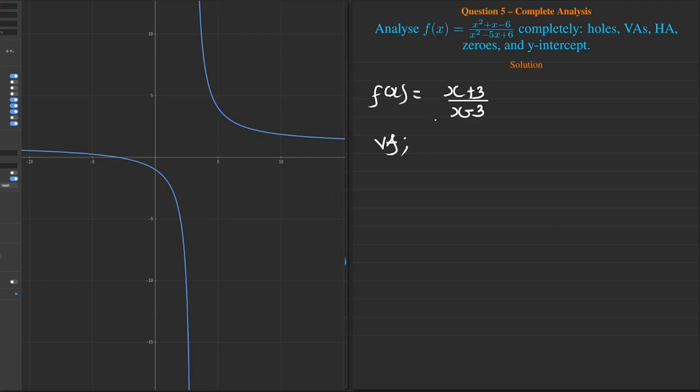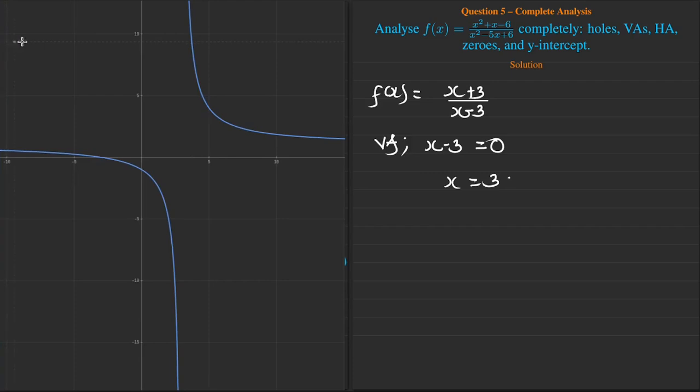So for our vertical asymptote, what we are going to do is equate the denominator to 0. That is to say x minus 3 equals 0. And making x the subject, we have x being equal to 3. This is our vertical asymptote. So if we come right here on our graph, you would see that shown here.